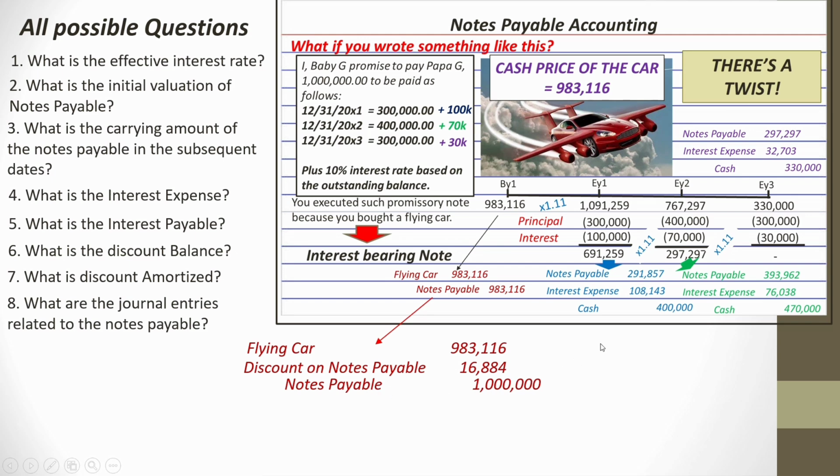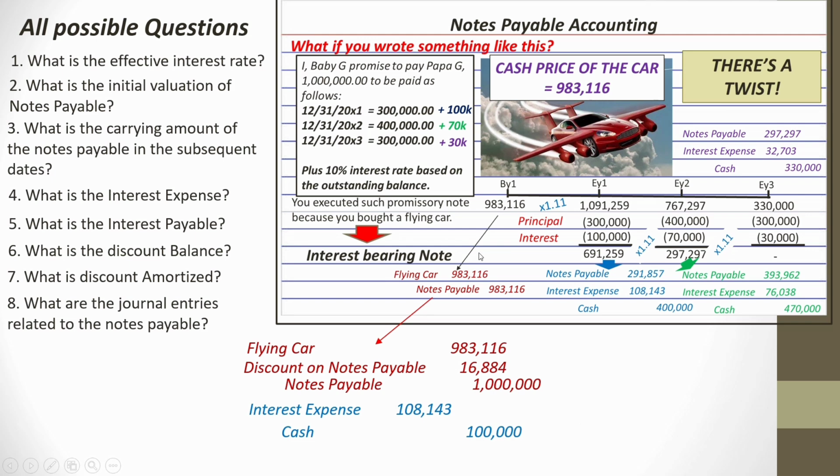So, how about the end of year 1, you say? Normally, in other books, they separate the entry for the interest payment and the principal payment. Like, for the interest payment here at the end of 20x1, the debit is still interest expense, 108,143, the same with this one, but the credit is only 100,000, credit cash, 100,000.